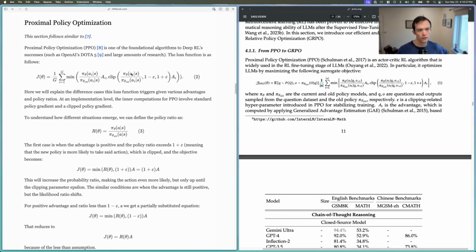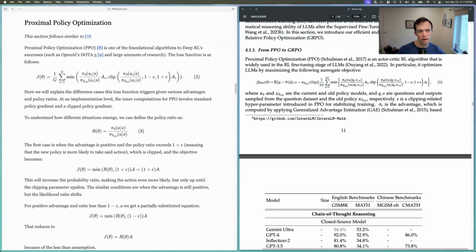So you can think of this log ratio as just changing a little bit for different tokens, but there's a gap between the left and the right here, where the left doesn't have this per-token sum and the right has this per token. And the sum from t equals 1 to O is how you can actually compute the log probability for PPO or GRPO. Essentially, we're computing a loss per token.